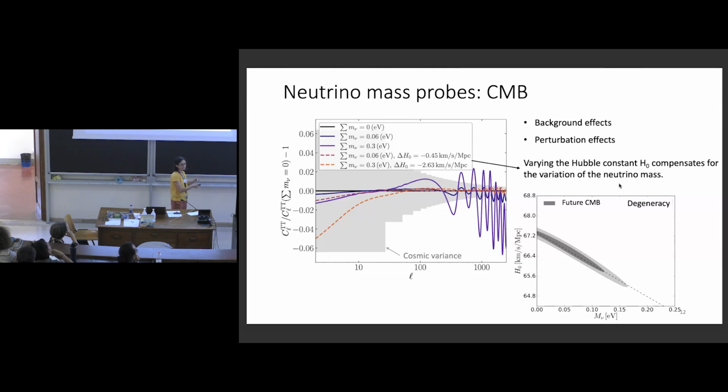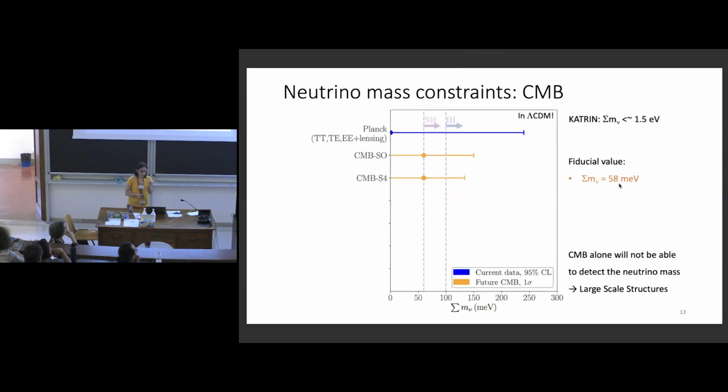This is, in a few words, a degeneracy. In this case, the degeneracy is between the neutrino mass and the Hubble constant. Okay? So because of this degeneracy that is embedded in the CMB, we have a very tight constraint from the CMB, but we will never have a detection of a non-zero neutrino mass from the CMB alone.